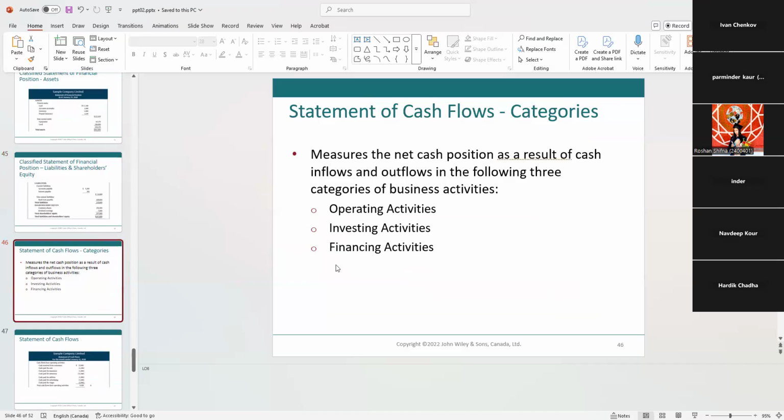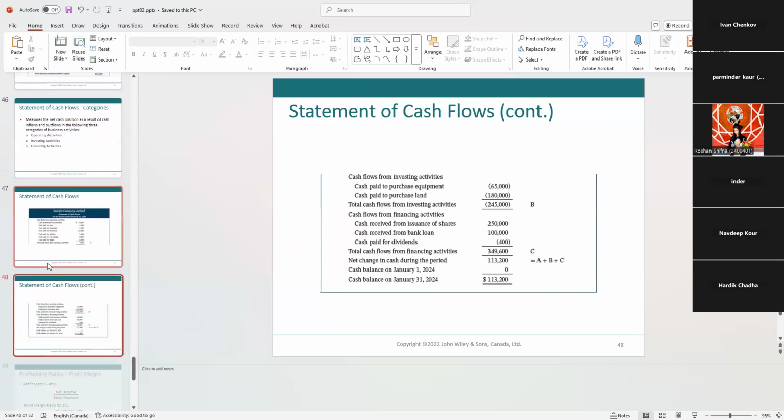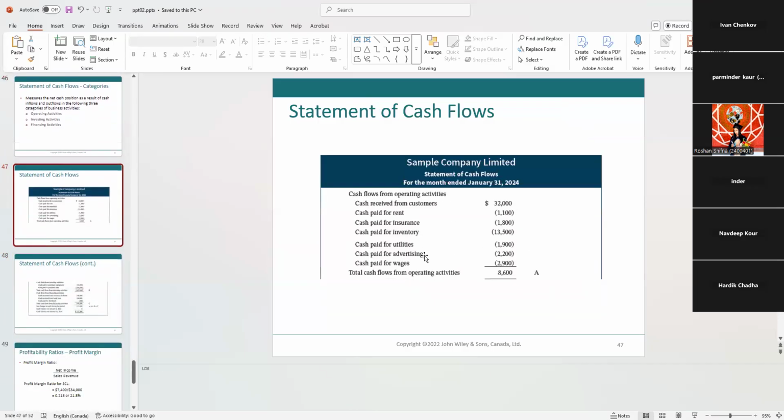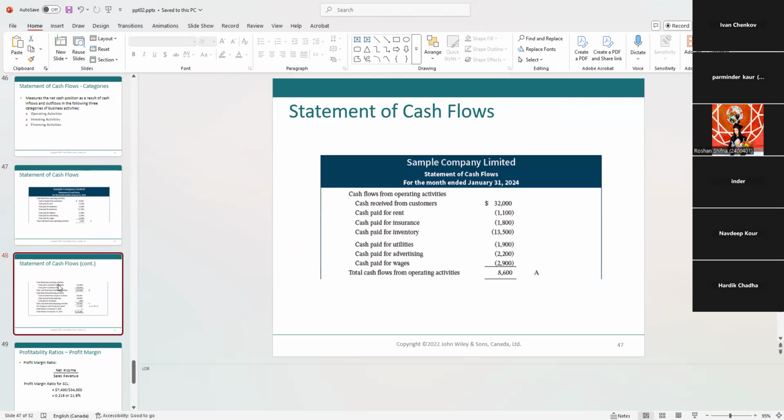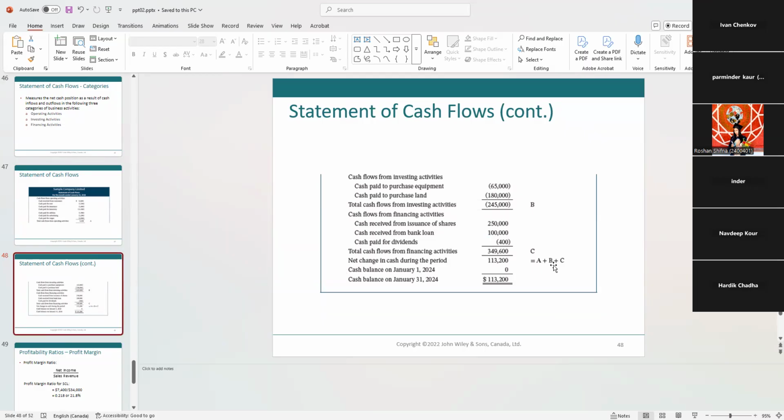Statement of cash flow, again, we're not going to spend time on this. The most important thing for you to understand is that operating activity is one of the most important sections of the cash flow statement. Then we have the investing activities, then financing activities. Operating plus investing plus financing should give you the change in the cash.